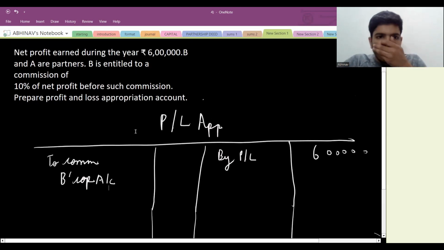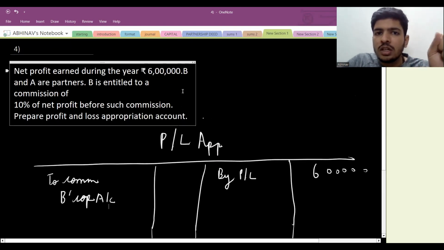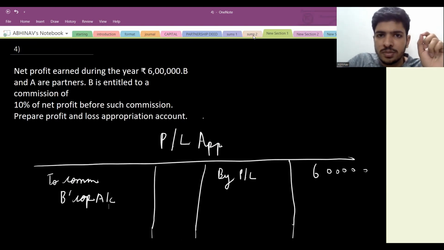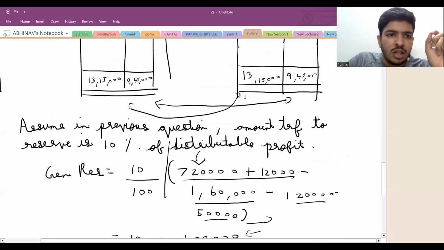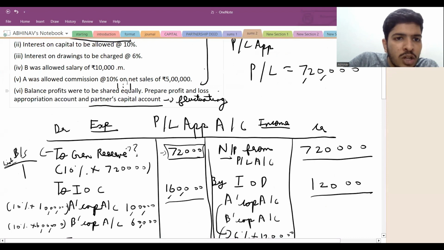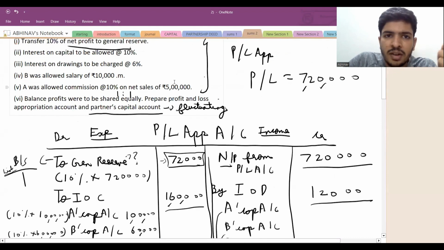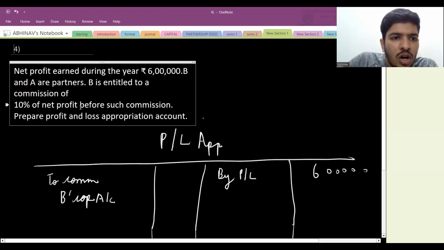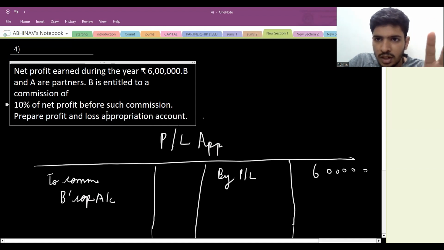Now, always follow the question's instructions. Why? In the first question, it was telling allowed commission of 10% on net sales, that is 5 lakh. Here you directly took 5 lakh. Here they're telling 10% on net profit before commission.